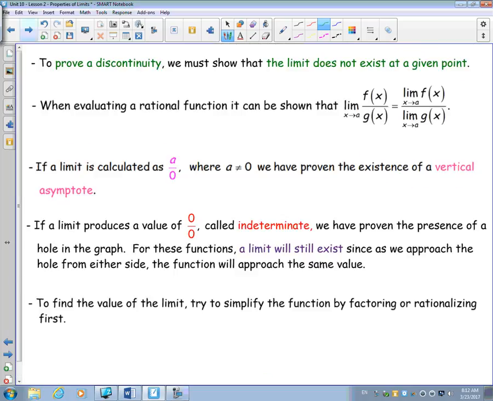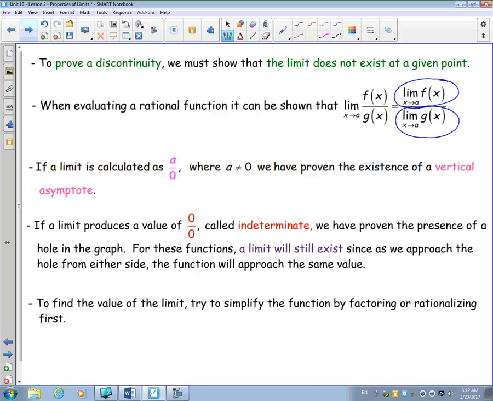To prove the discontinuity, we're going to have to see what happens at the point. We're going to see the limit as we approach it. For a rational function, which involves things like holes or vertical asymptotes, what you can do to figure out the limit as you approach a point is figure out the limit of the top and the limit of the bottom separately.